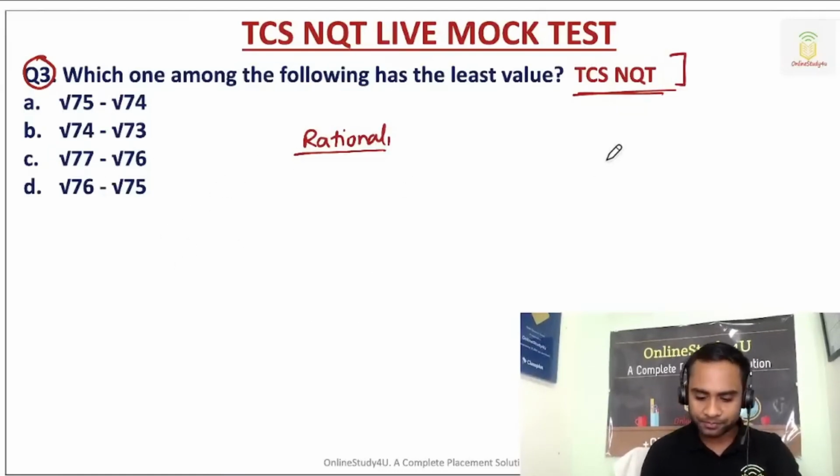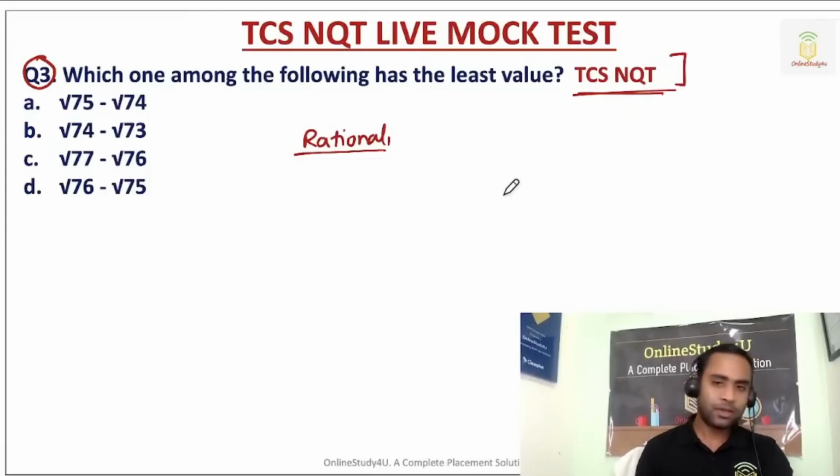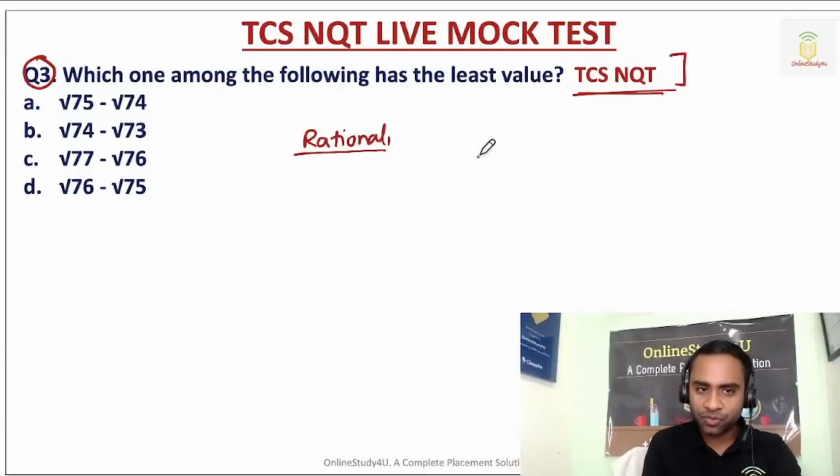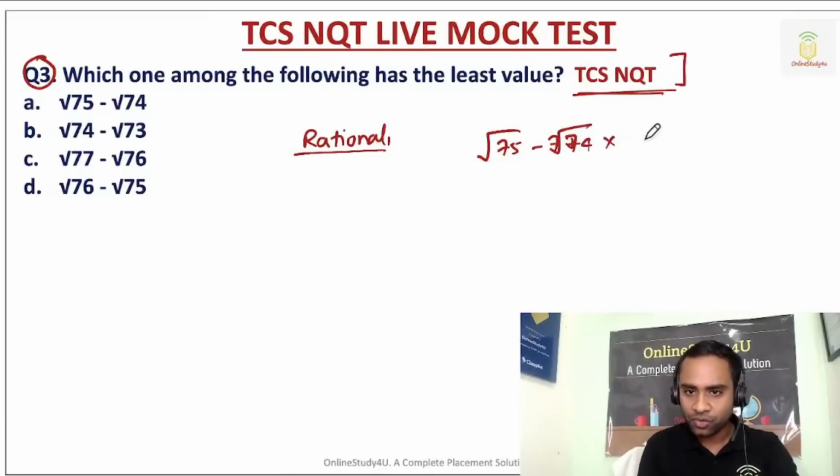So we have option A, square root of 75 minus square root of 74. We are going to rationalize. What will we do? We will multiply and divide by the same value, just by changing the sign.